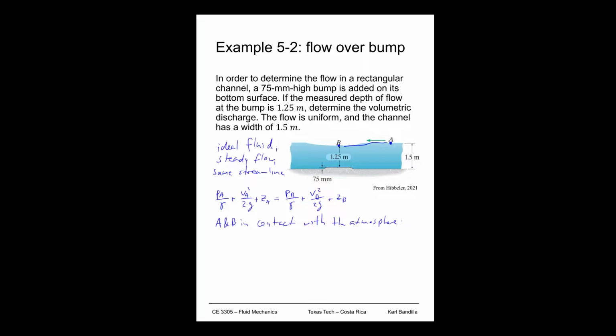That means that PA and PB are equal to 0, because we're looking at gauge pressure. Then let's put the datum. We'll put the datum at the bottom of the channel.